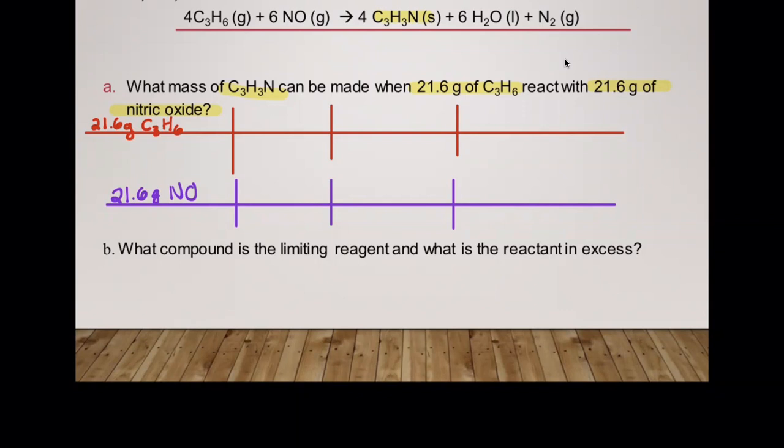If we find our molar mass of this, we're going to take 3 hydrogens plus 3 carbons plus 6 hydrogens, which will give us 42.09. So we want to convert using that number into moles.